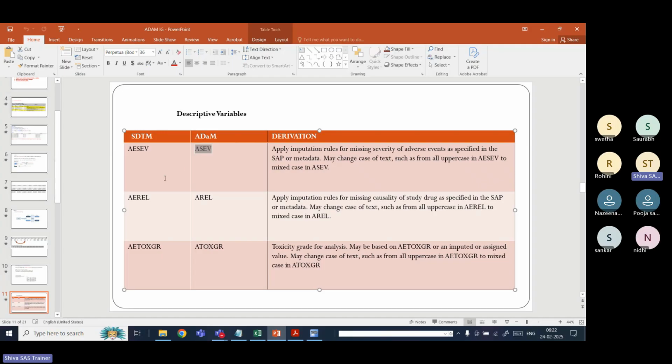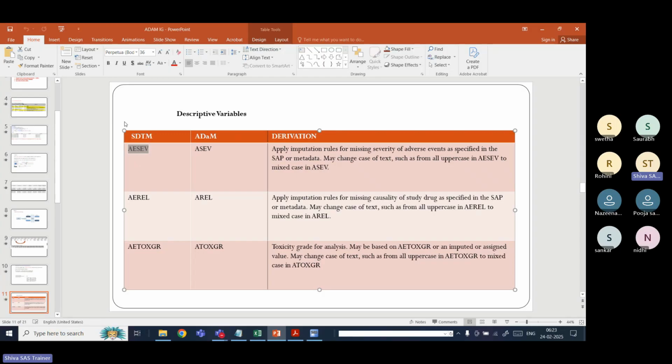So what is the difference? If anything is missing in the adverse event severity variable, we fill it by using imputation rules. Adverse event severity is like mild, moderate, severe. One subject has a missing value. The statistician's suggestion: wherever the missing values are, you replace them with mild. But this is an SDTM variable. We can't impute at the SDTM level as per the CDISC rule.